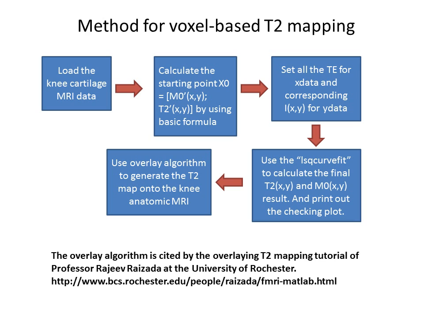And then set all the TE as X data and the corresponding images as Y data. The fourth step is to use the least square curve fit function to calculate the final T2 map and M0 map results and print out the tracking plot. And the final step is to use the overlay algorithm to generate the T2 map onto the knee anatomy MRI image.